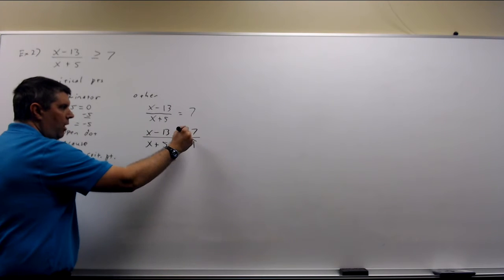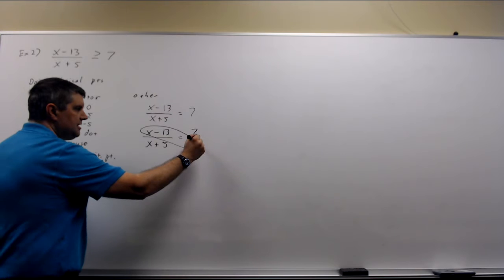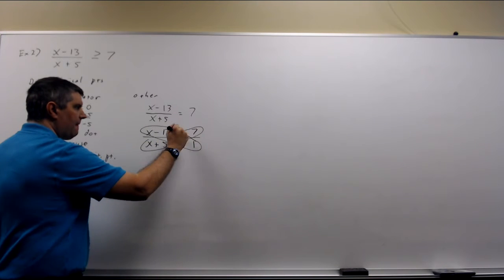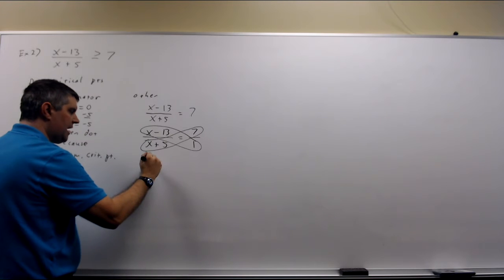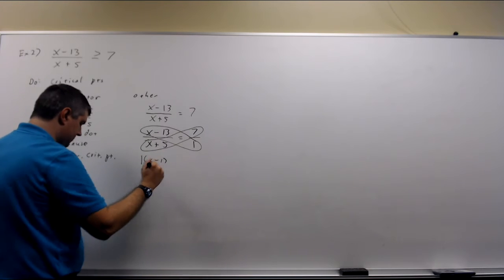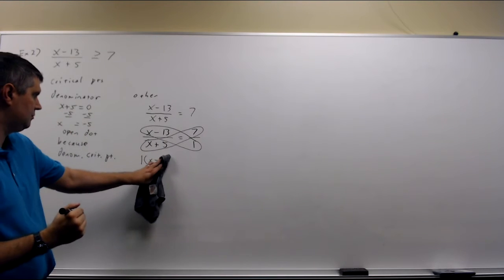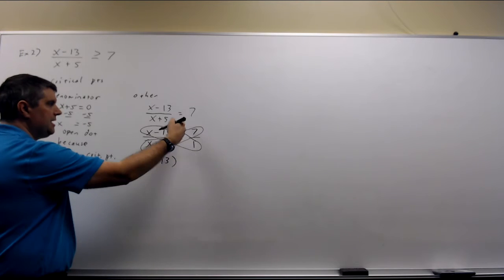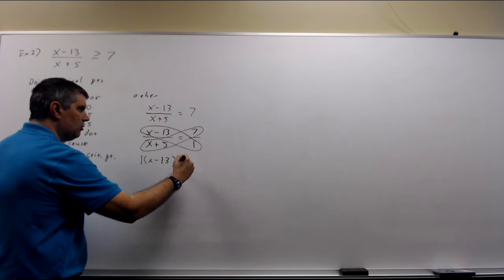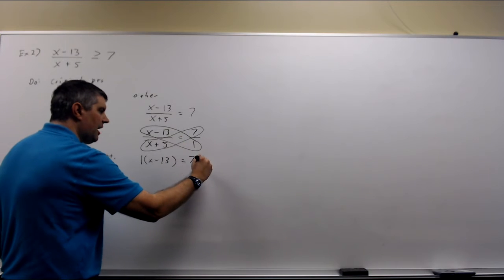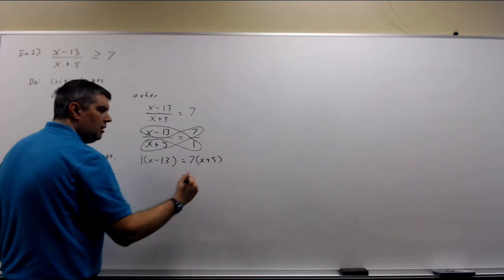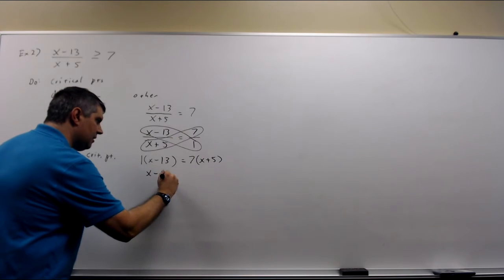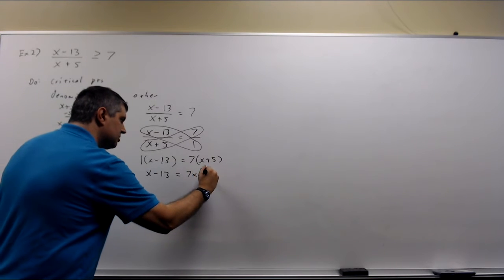So I can take 1 times x minus 13 and 7 times x plus 5. 1 times the x minus 13 equals 7 times the x plus 5. So I have x minus 13 equals 7x plus 35.